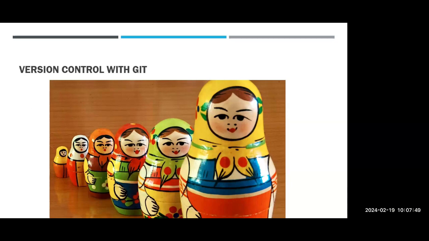I create a document, and the next day I make some changes in that document, and on the third day I make other changes in the same document, but I forget what I wrote in the first version and I want to revert it. I want to get back the data of the previous version. Some values from the previous day I want to keep, and some values from the present day I want to keep. How? That was very difficult.